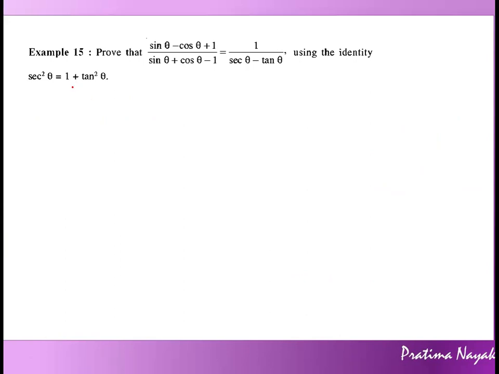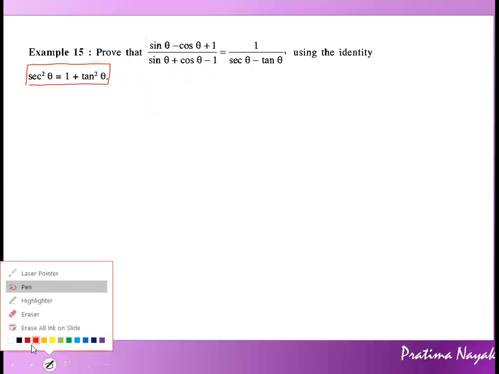Next I'm going to an example which, we think, is a difficult question, because it is given that you have to apply these identities. Then only it can be solved. And you can notice that one similar question we had already proved, that is question number 5, part 5, using this identity.